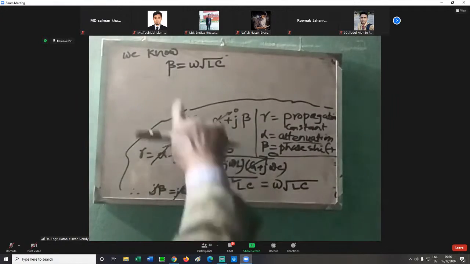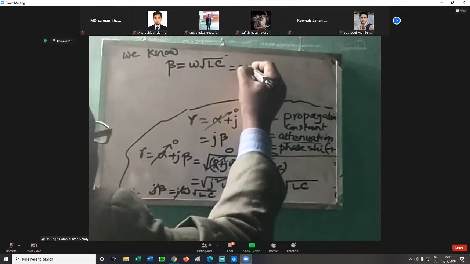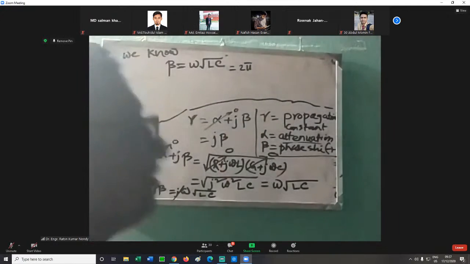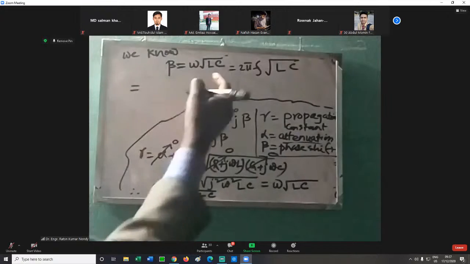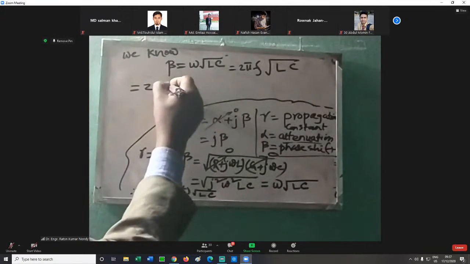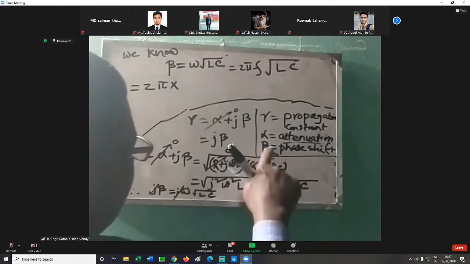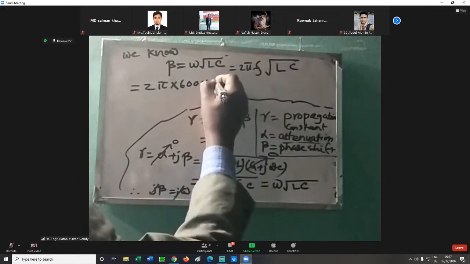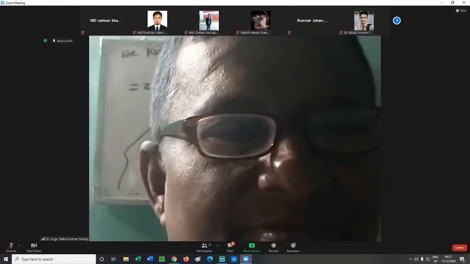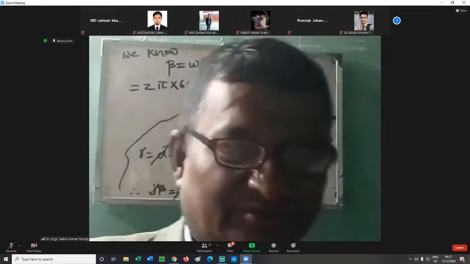But now you see, beta equal to omega root LC. Omega means 2 pi f. So 2 pi f root LC. What is the frequency? In the problem, the frequency has been given as 600 mega, so 600 into 10 to the power 6.